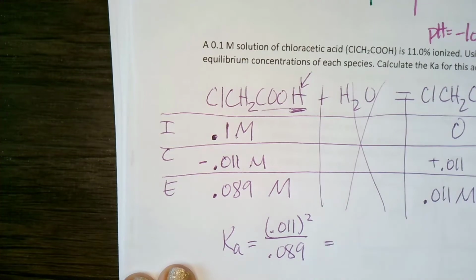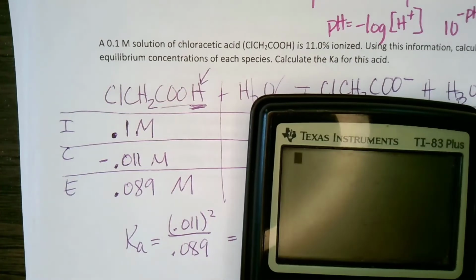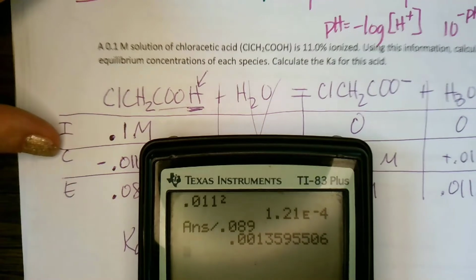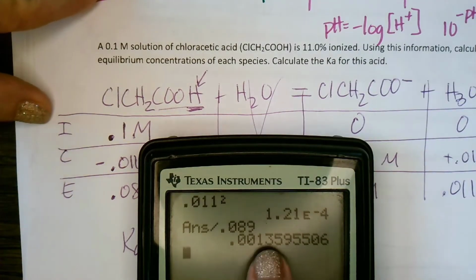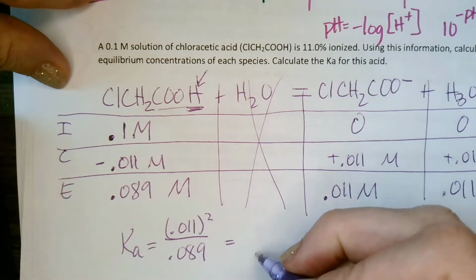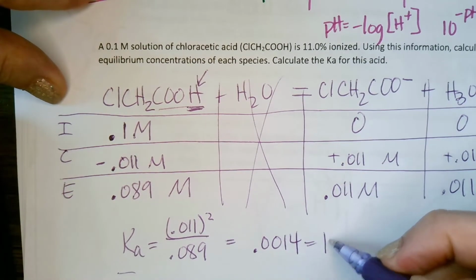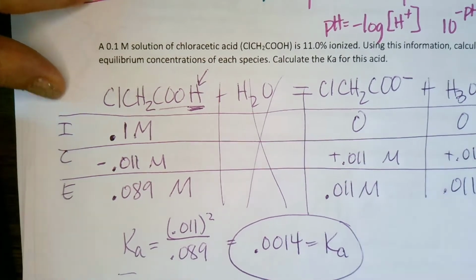So now let's plug this into our calculator. We'll do 0.011 squared divided by 0.089. And I get 0.0014 for my Ka. And again, no units for Ka.